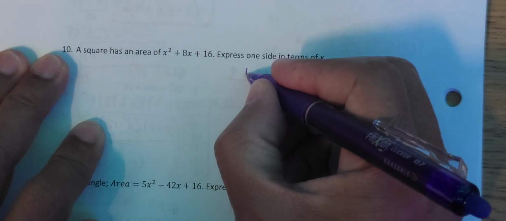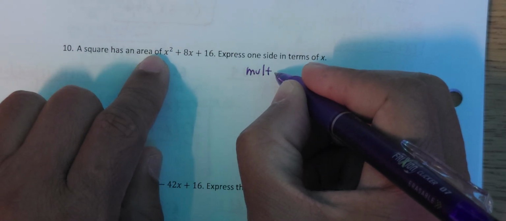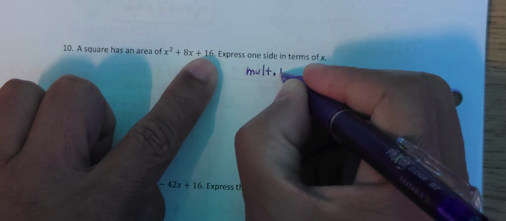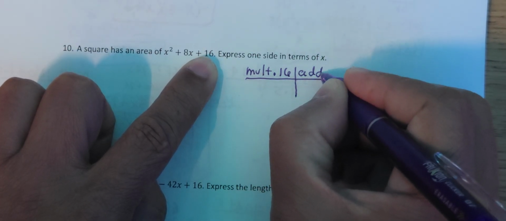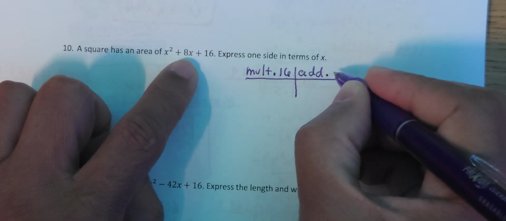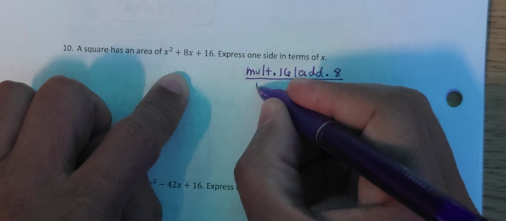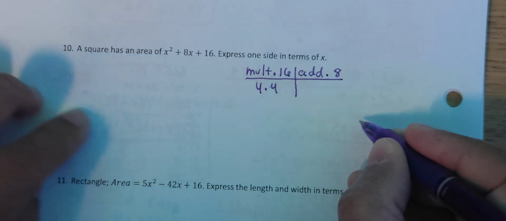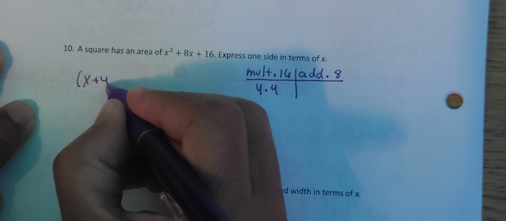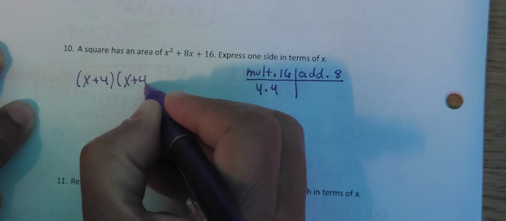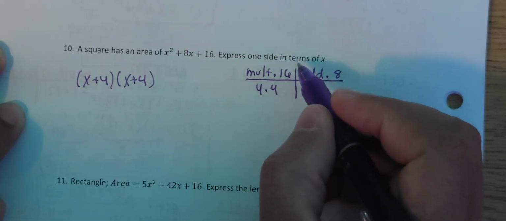Let's find the multiples of a times c, 1 times 16, that add to the b value, which is 8. The only multiples of 16 that do this are 4 times 4, right? So this is simple factoring, which means x plus 4 times x plus 4 are the binomial factors of this quadratic. But the question is, express one side in terms of x.